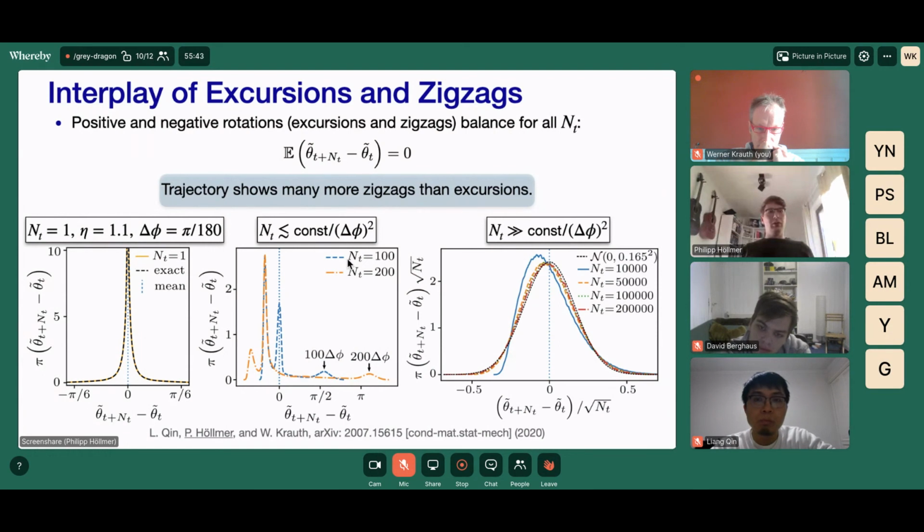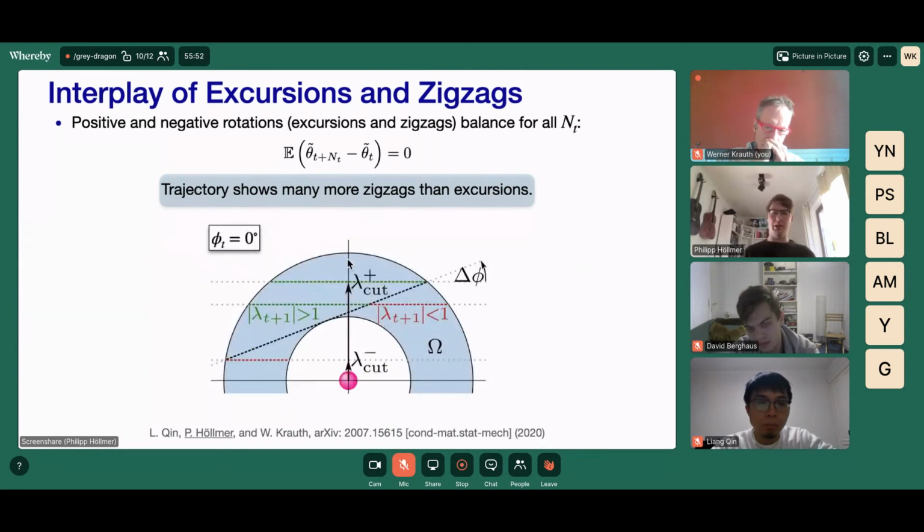So as expected, the mean is always 0, and from this we concluded that the trajectory shows many more zigzags than excursions. We can also try to understand this a bit microscopically in our ring system. Consider again the phi 0 reference frame. So we always choose a new position along the line that is parallel to the x-axis, and assume now that we are at some lambda value bigger than 1, that corresponds to this middle line here.